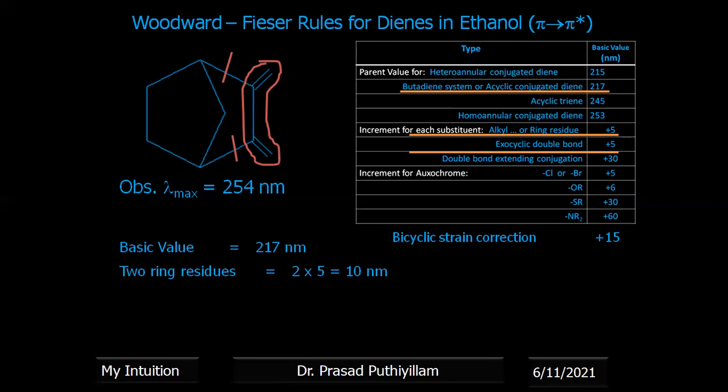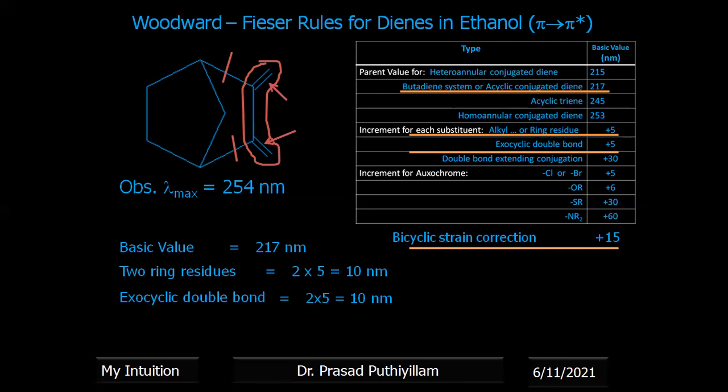And we have exocyclic double bonds. This particular ring and this particular ring, both we consider as the same ring. So to the ring, there is one double bond present here, one double bond present here. So two exocyclic double bonds are present, that is 2 into 5, 10 nanometer.